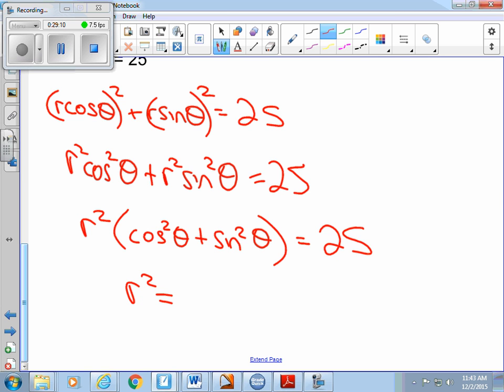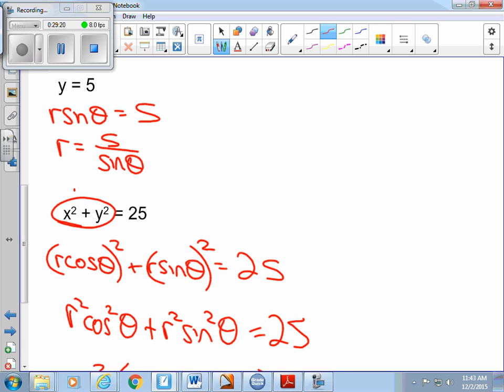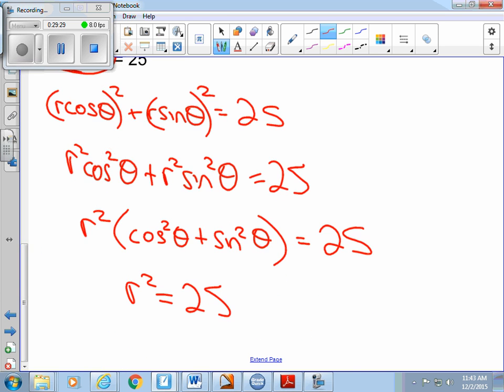What is x squared plus y squared? R squared. See that? I could have used that other equation. However you want it. So what's r? 5, right?